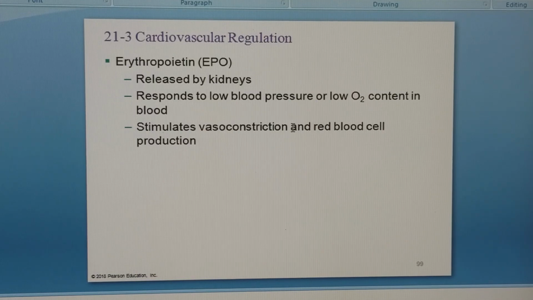Erythropoietin, released by the kidneys, responds to low blood pressure or low oxygen content in the blood, and stimulates vasoconstriction and red blood cell production.